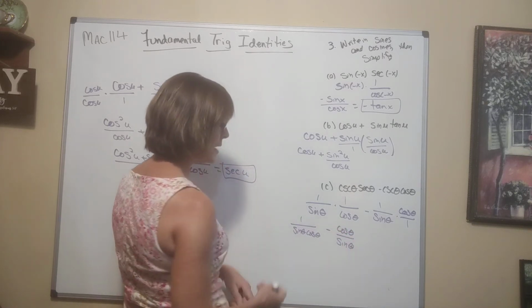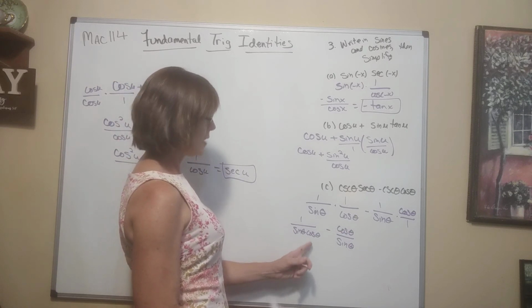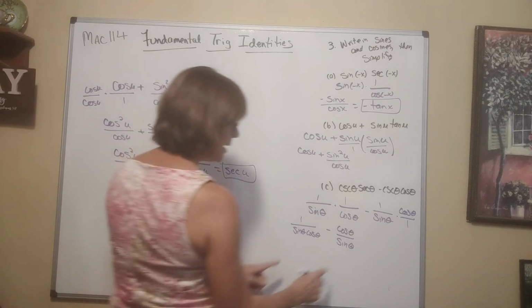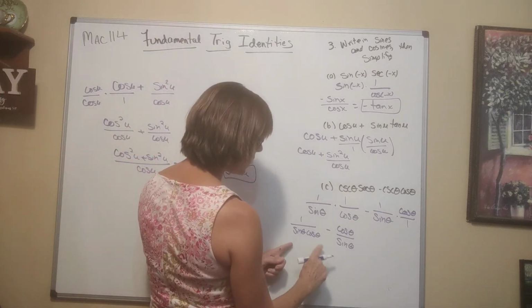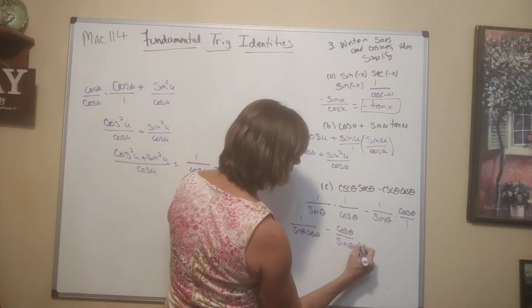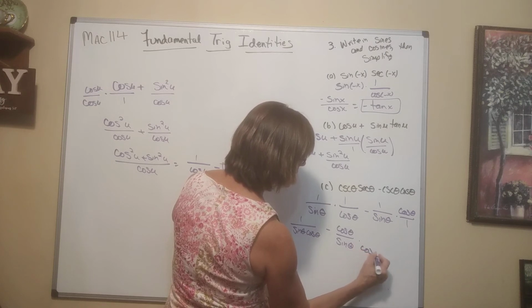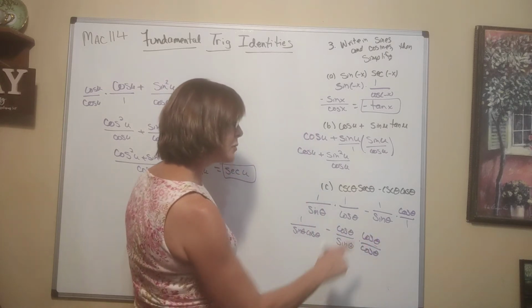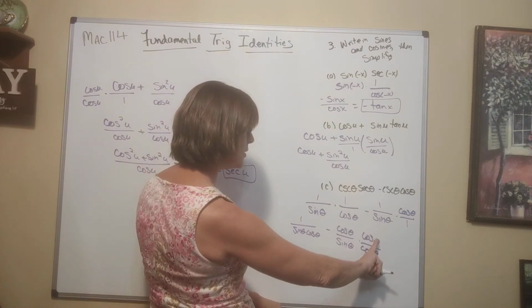Get a common denominator of sine and cosine. Let's try the same thing we did before. Let's see if it works, see if it helps us. Get a common denominator of sine times cosine. So I'm going to need to multiply this by a cosine, but if I multiply it in the denominator, I have to also multiply the numerator because that is a 1 and that's what's legal to multiply by.